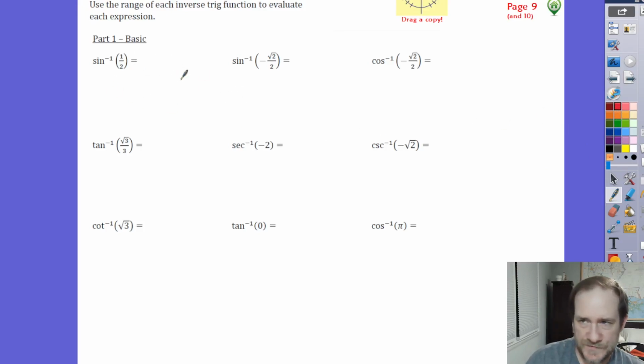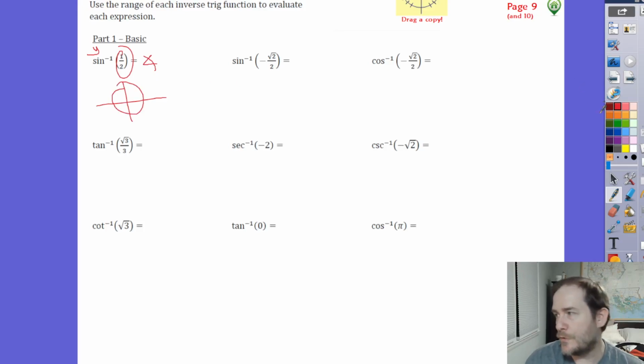So for these, like we said, if you're evaluating an inverse sine function, then you're trying to find me an angle, and the angle you're trying to find me is the angle whose y coordinate is a half. And again, of course, as we've talked about so much by now, there are 2 places that have y coordinates of a half. But because we restricted the domain of original sine, the range of sine inverse or inverse sine is restricted too.